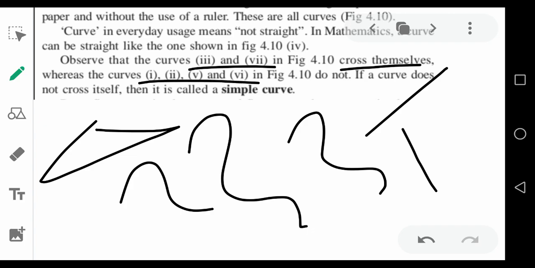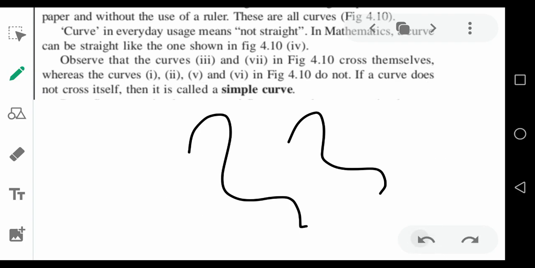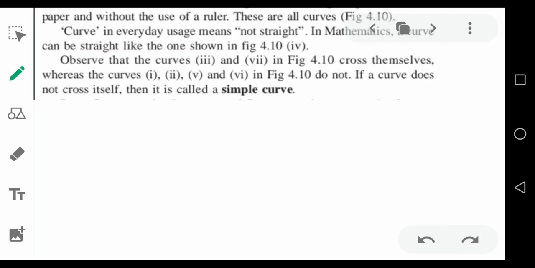If a curve does not cross, it is called a simple curve. So these all are simple curves. Like this, if you are drawing, this one is a simple curve. It is crossed, so it is not simple. Simple means it should not cross. Till here, this is not crossed, so it is a simple curve.